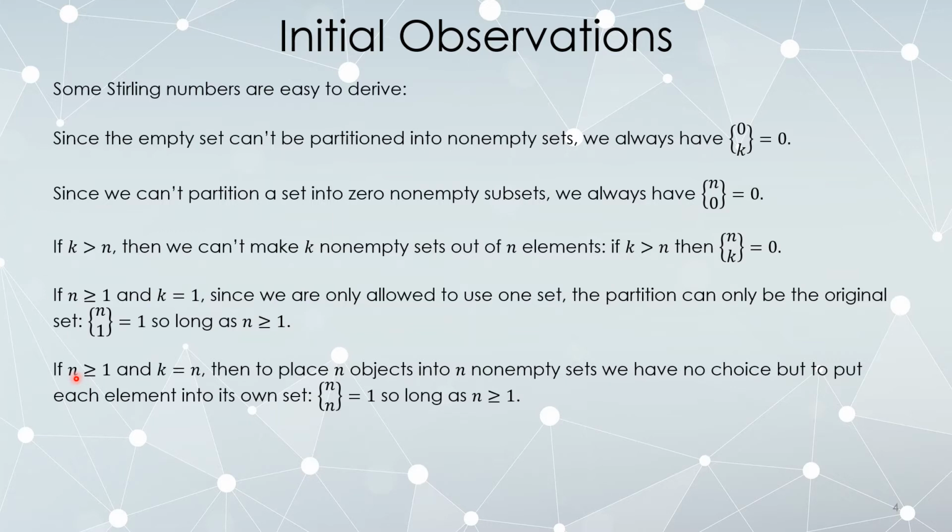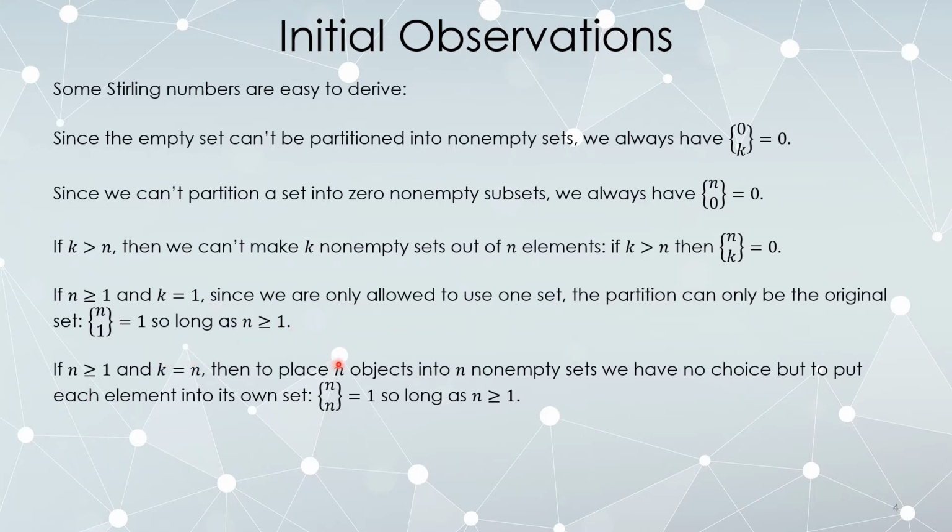Similarly, what if you have n elements and I have exactly that many sets to use? So I want to place n objects into k sets. All the sets have to be non-empty. So I want n elements into k non-empty sets, but that's also n non-empty sets because we're assuming here that k is equal to n.